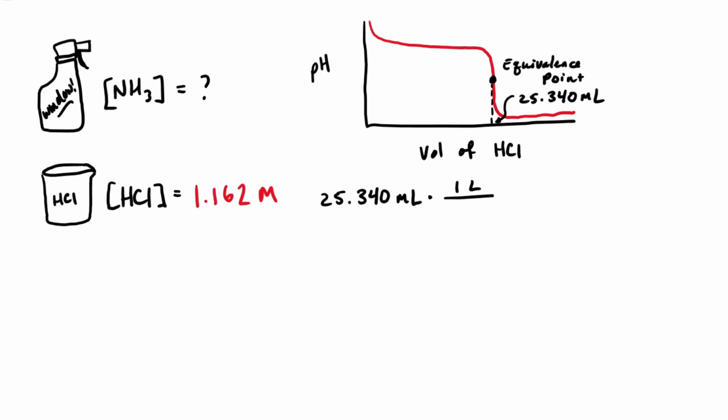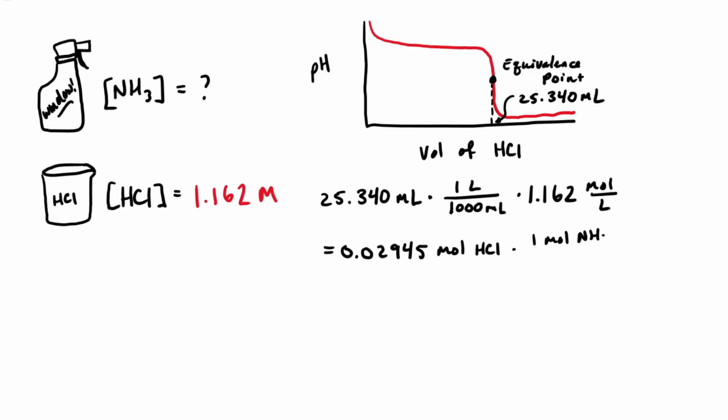that means that it took 25.340 milliliters times 1 liter per 1,000 milliliters times the concentration 1.162 moles per liter, giving us 0.02945 moles of HCl needed to react with every ammonia molecule in the original solution, telling us that there were 0.02945 moles of ammonia in 10.000 milliliters.